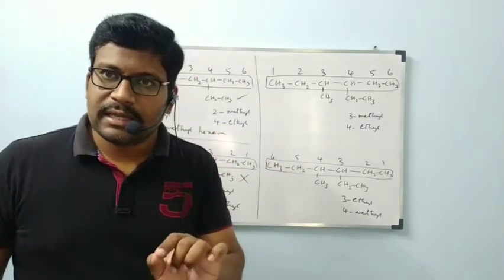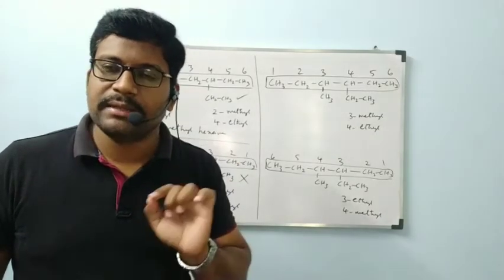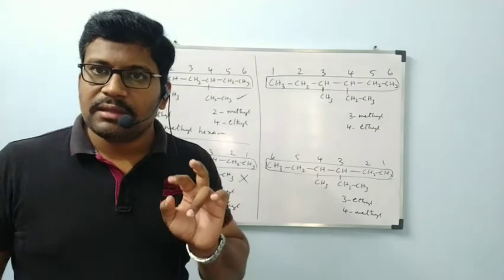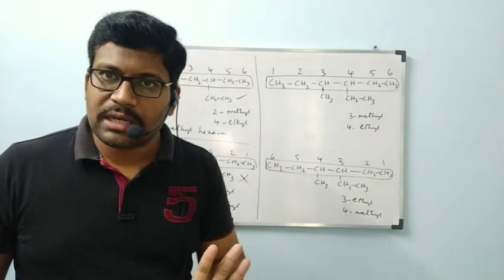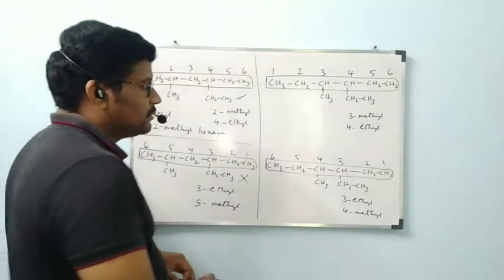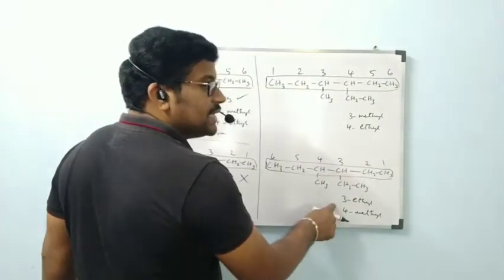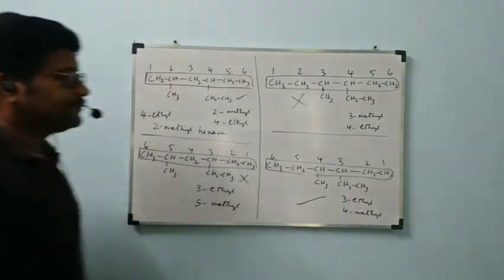First we will get E. So in which numbering is the ethyl group getting the least number? When two side chains get the same numbers, we follow alphabetical order. Ethyl group is getting 4 here, ethyl group is getting 3 here. This is correct, this is wrong.